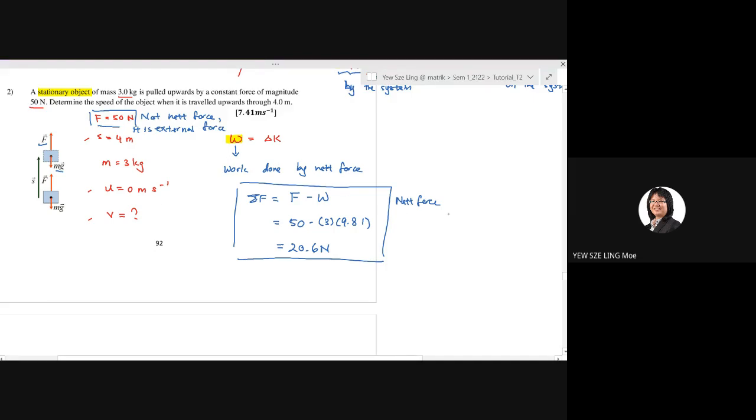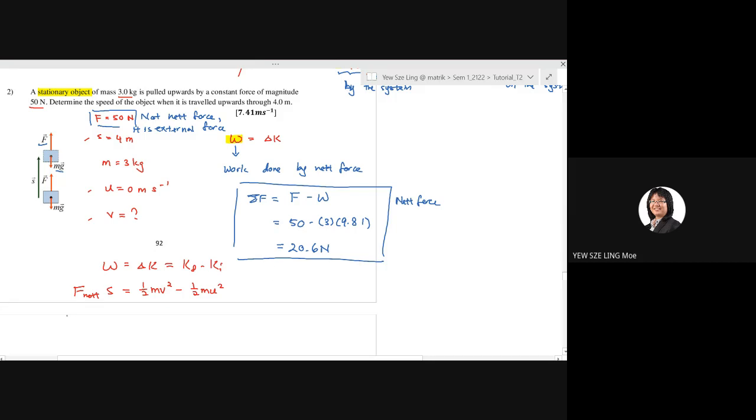So W equals delta K, and at the same time W equals F net S, which equals 1/2 mv^2 minus 1/2 mu^2. How do I know it's V minus U? Because change in kinetic energy means K final minus K initial. From here, we can solve the question.